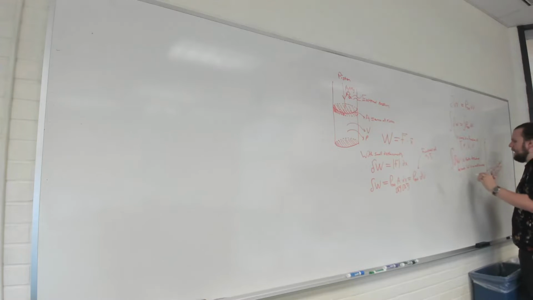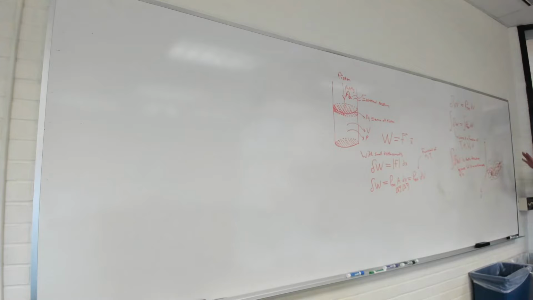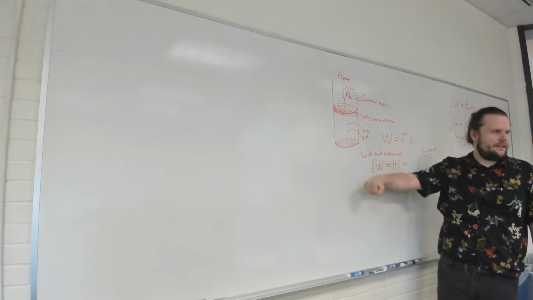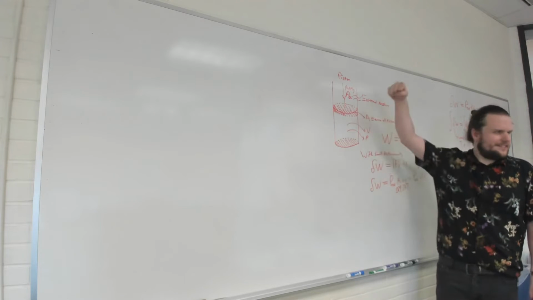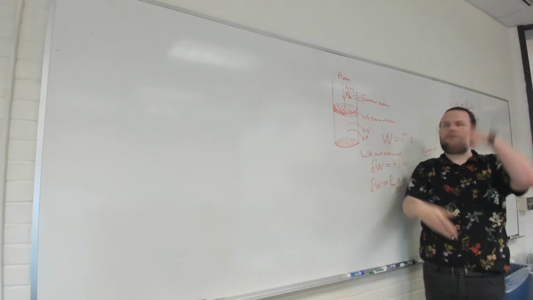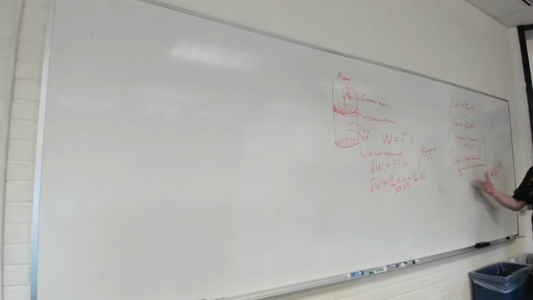There are going to be some paths that require a lot of energy to move from point 1 to point 2. The piston equivalent of this would be, would I just move it slowly like this? Or will I go like this? Or will I spin it, or rotate the whole thing around? You can think of a bunch of different, crazy ways to compress this. But it's path dependent. So I can't actually just integrate it because I need to define the path.